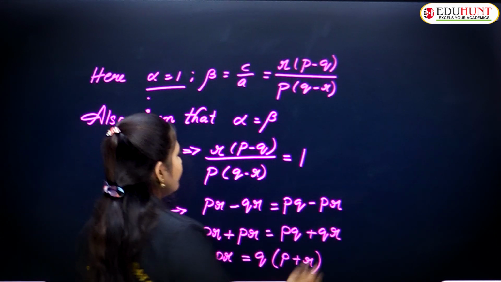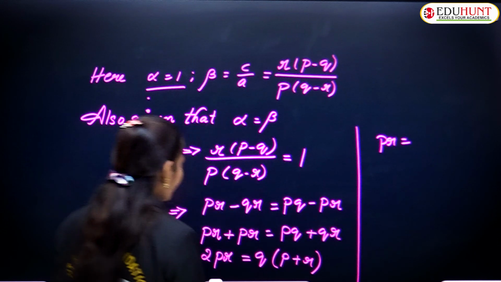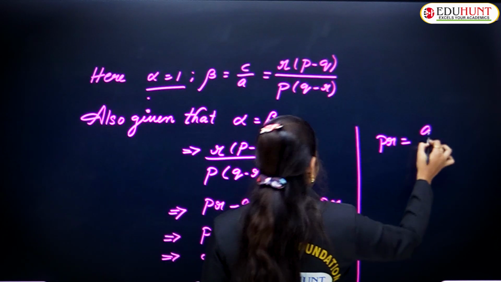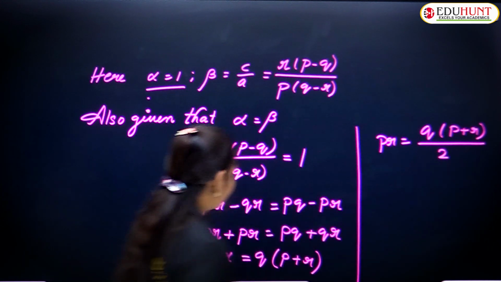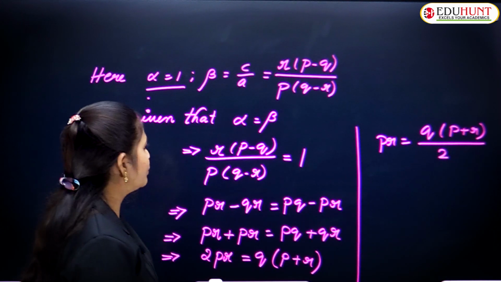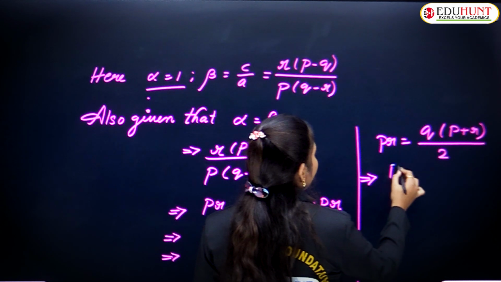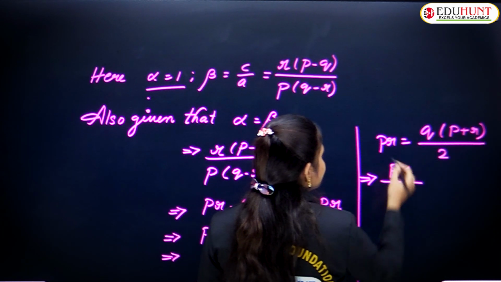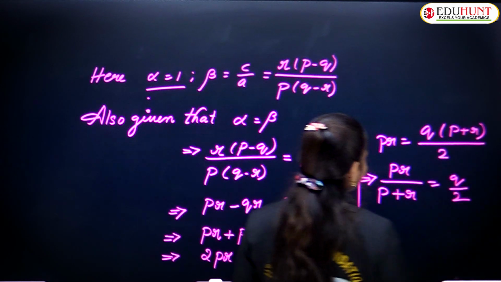So pr is equal to q into p plus r by 2. Just transposing the terms, p plus r is equal to q by 2.